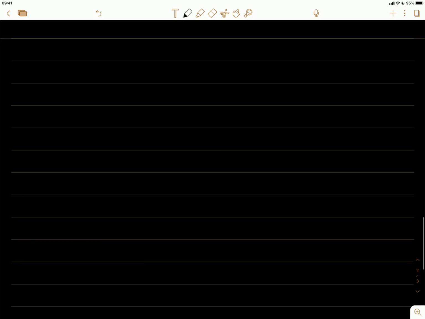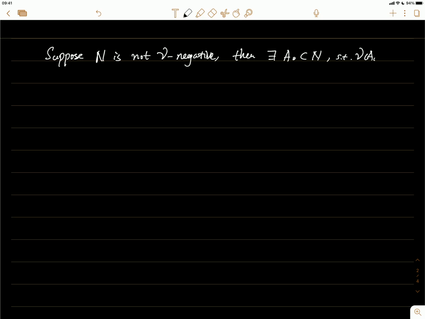So if N is not nu negative, then we know that there exists some subset of N such that the measure of this A0 is bigger than 0.